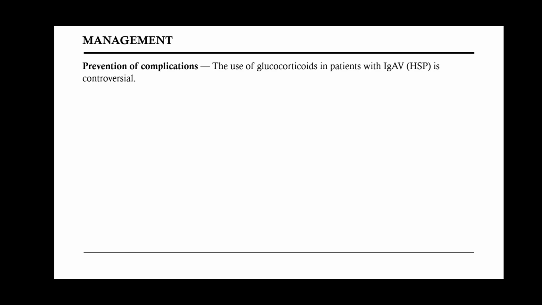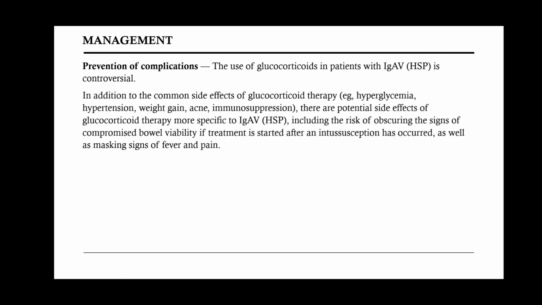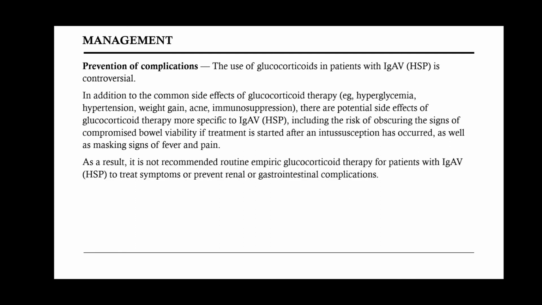As for the prevention of complications, the use of glucocorticoids in patients with IgA vasculitis is controversial. In addition to the common side effects of glucocorticoid therapy, such as hyperglycemia, hypertension, weight gain, acne, and immunosuppression, there are potential side effects more specific to IgA vasculitis HSP, including the risk of obscuring the signs of compromised bowel viability if treatment is started after an intussusception has occurred, as well as masking signs of fever and pain.